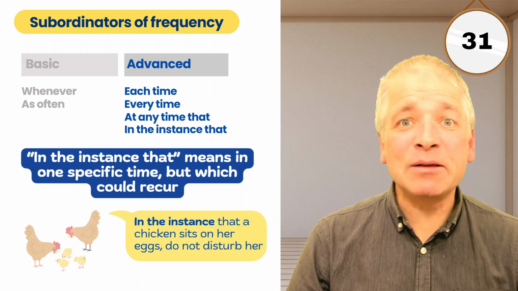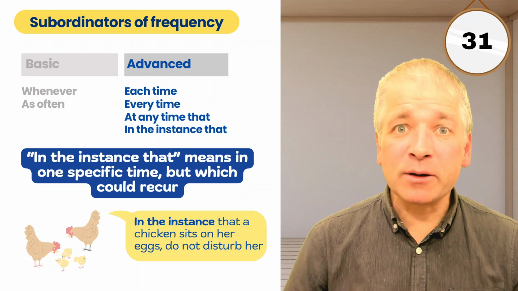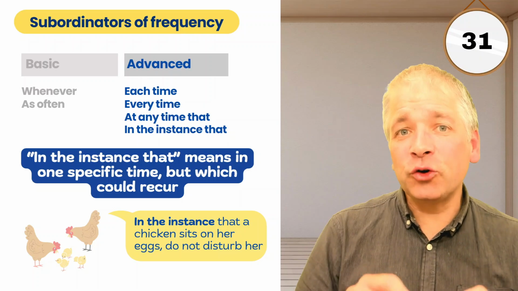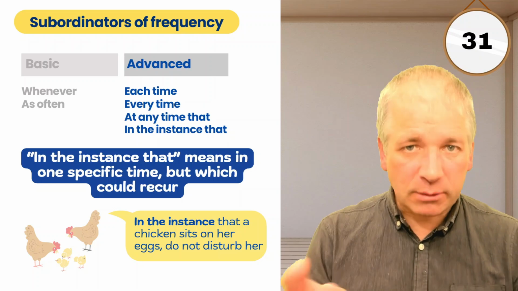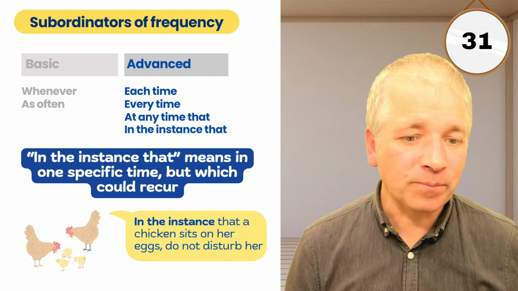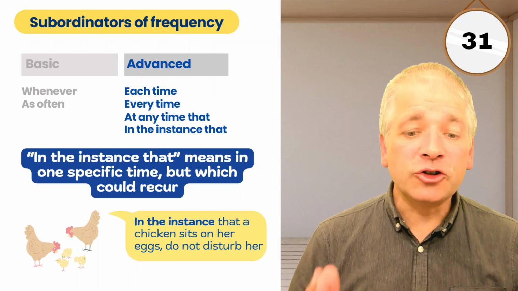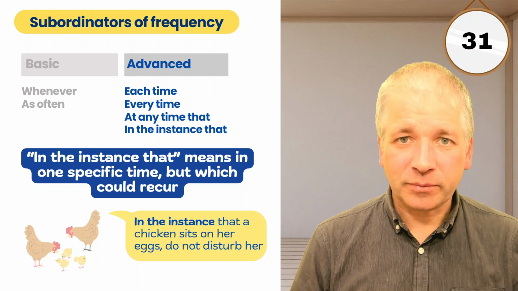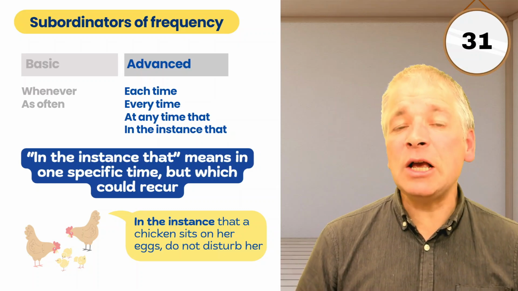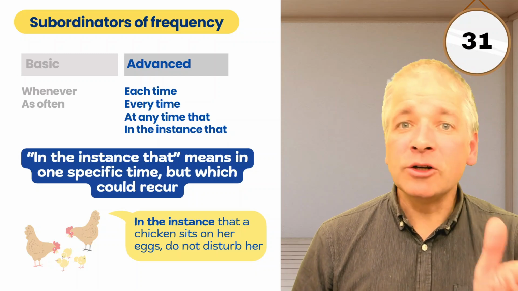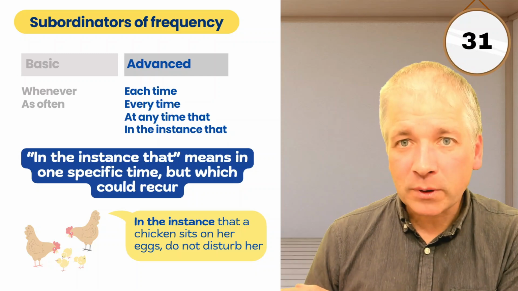And in the instance that. In the instance that means in one specific time, but which could recur. So let's look at the example to understand this more. In the instance that a chicken sits on her eggs, do not disturb her. So if you see a chicken sitting on her eggs once, do not disturb her.